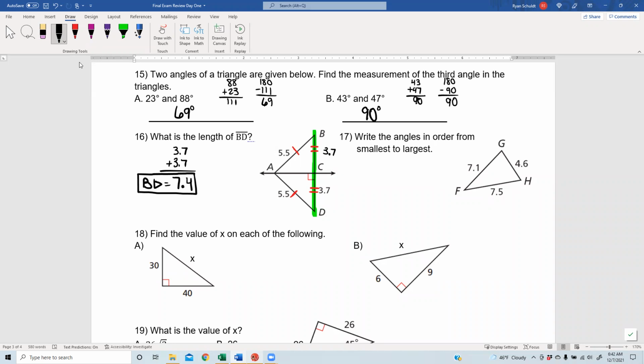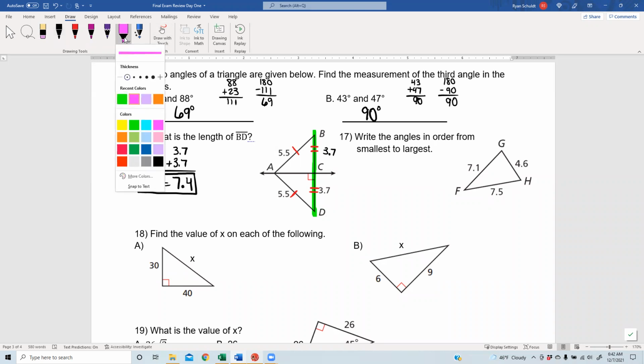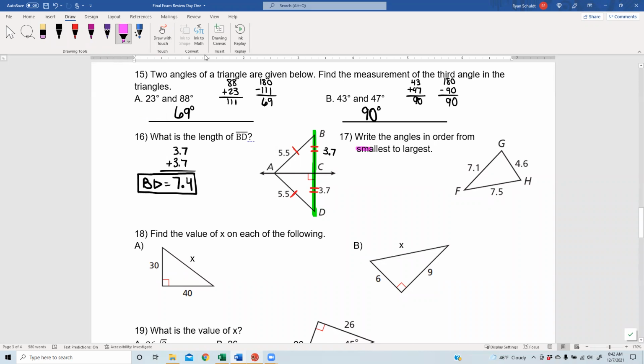17, write the angles in order from smallest to largest. The smallest angle is across from the smallest side. So my smallest side is 4.6. I go across from it and I land at F. That's my smallest angle. So angle F goes first.